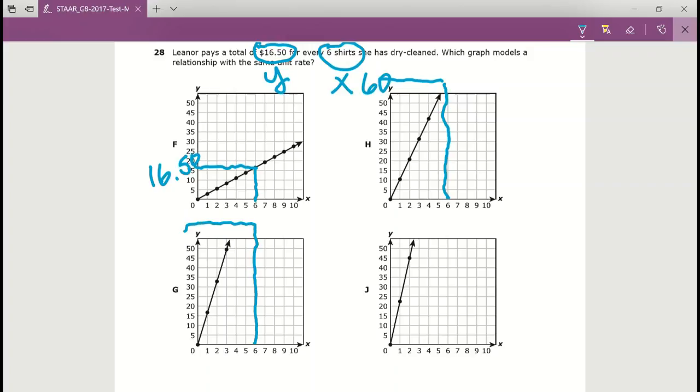This is 70, 80, I don't really know. Let's call it 70. And here again, we go up from 6, and this is probably 90. So our only one that even comes close is choice F. Because we dry clean 6 shirts, we go up, we should hit $16.50.